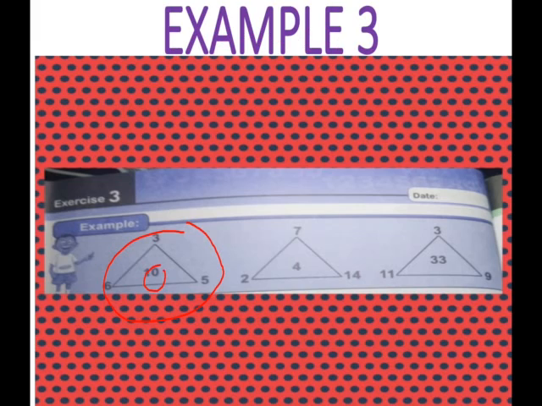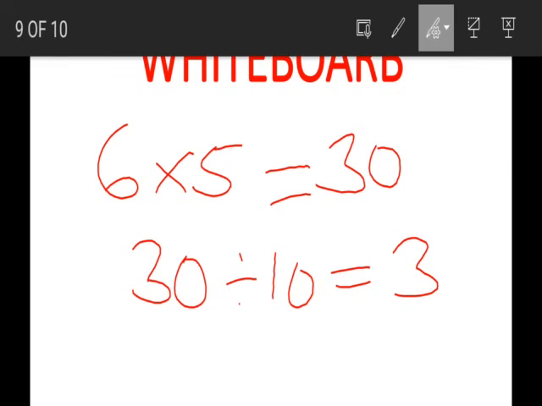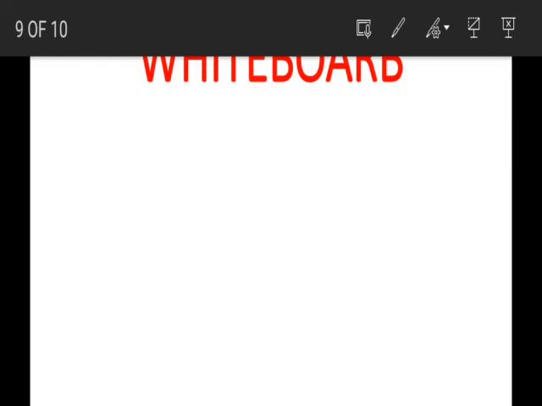Good. Lastly, assuming 6 was not given, what do you do? It's simple. 10 times 3, which is 30. Then 30 divided by 5. Okay, let's do it. That is, we are looking for 6 now.